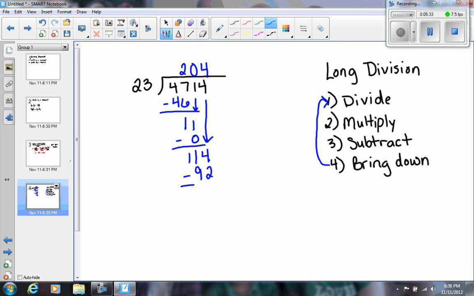I subtract. Again, I'm just following down here in the order. I get 22, and there's nothing left to bring down. So this is my remainder. One of the ways we had to write a remainder was to take the remainder and create a fraction. We were dividing by 23, so I get an answer of 204 and 22/23. So that was the process for long division.